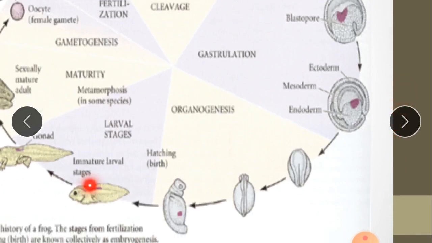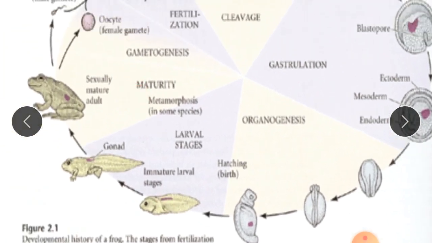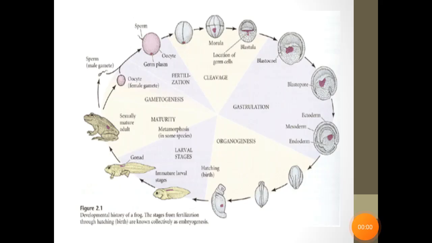Tadpole larva is formed. Okay. So this is how the development of the frog occurs.